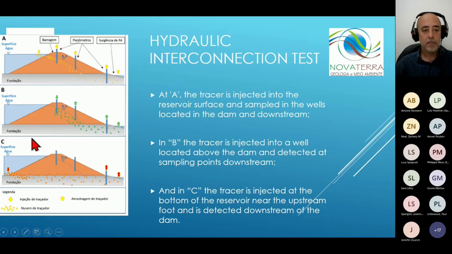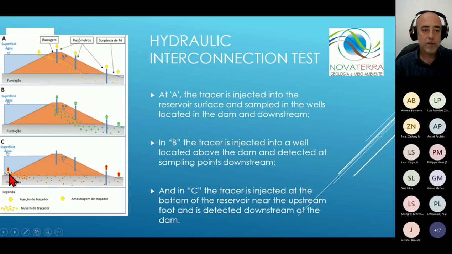Or in another case, we can inject the tracer in the bottom of a reservoir, in the case of dams for stored water, or in dams for hydroelectricity. In tailings dams, it is difficult to inject the tracer in the bottom of a reservoir.